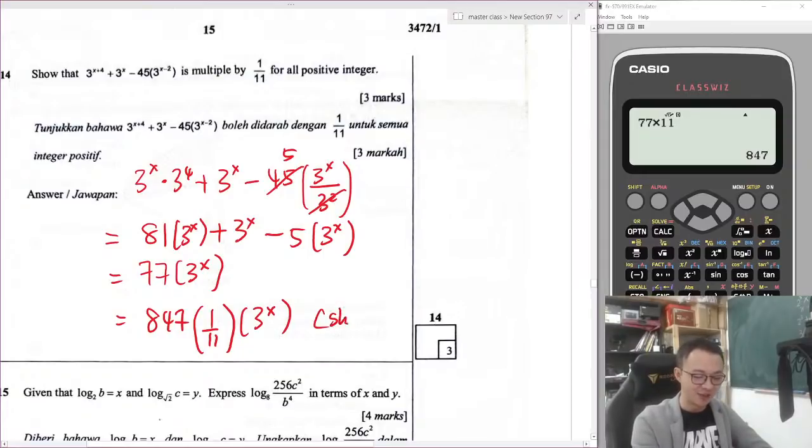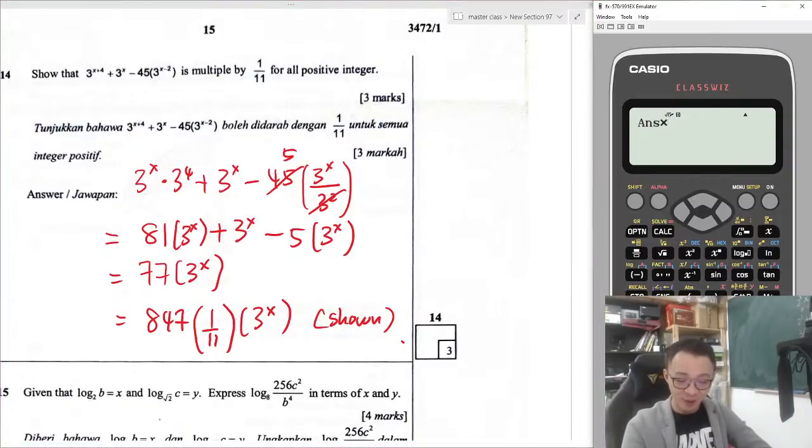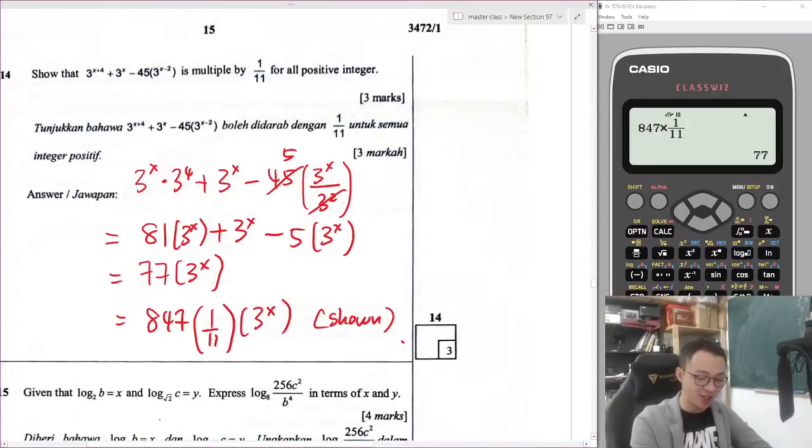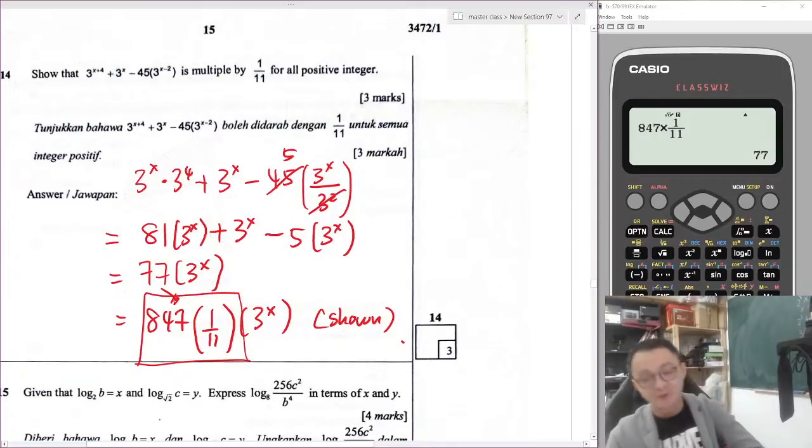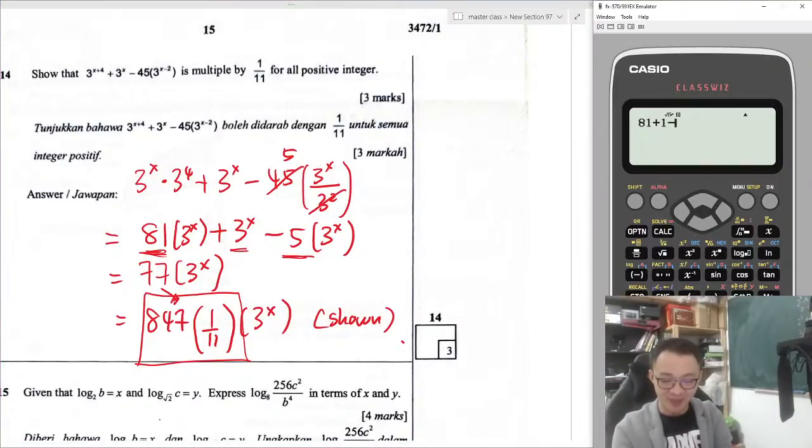So I was right, shown. Because if 847 is multiplied by 1 over 11, you are actually getting 77, right? So this is the reason why I changed the 77 into this one. Get the idea? Okay, basically what I'm doing is 81 plus 1 minus 5. 81 plus 1 minus 5 is 77.